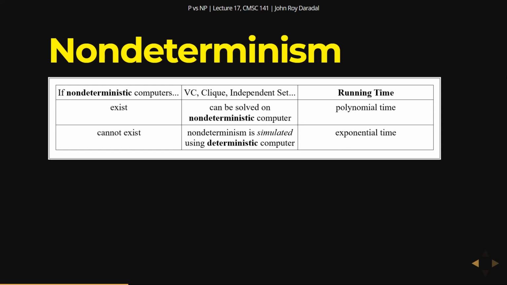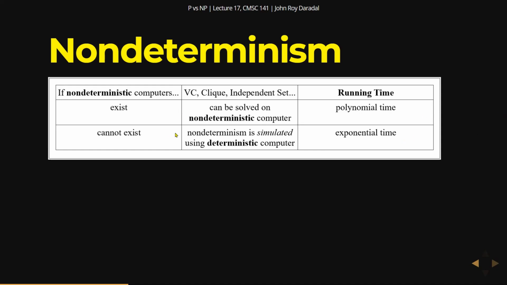So there's two things. If non-deterministic computers exist, then the three problems that we mentioned can be solved on a non-deterministic computer in polynomial time because it can just guess correctly. But if non-deterministic computers cannot exist, then the non-determinism can only be simulated using deterministic computers, and we will be able to do that in exponential time because there is an exponential number of possible solutions.